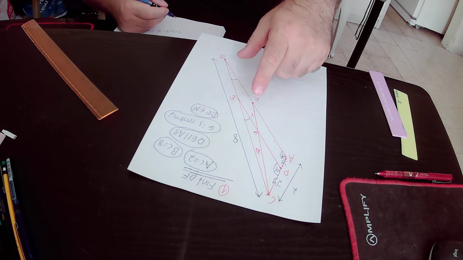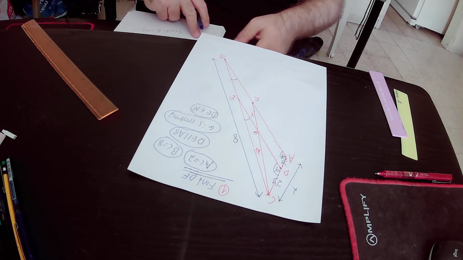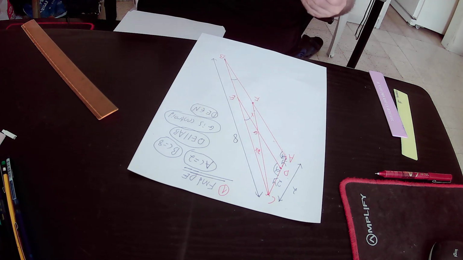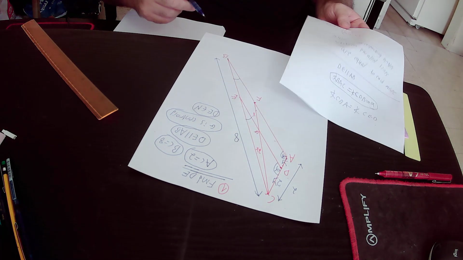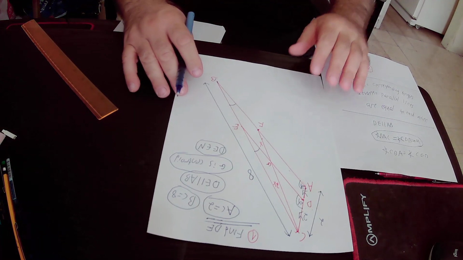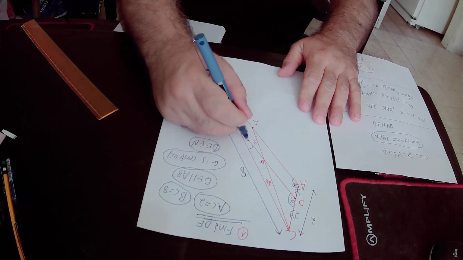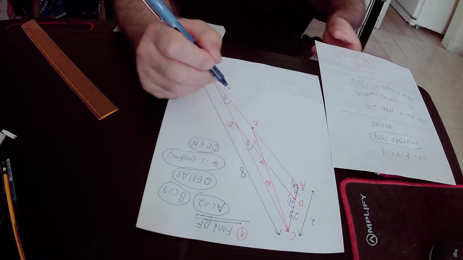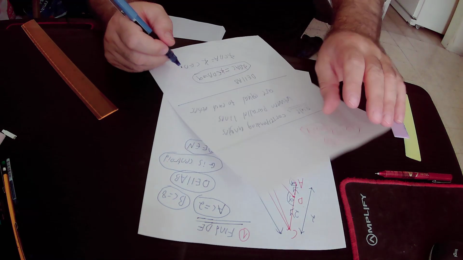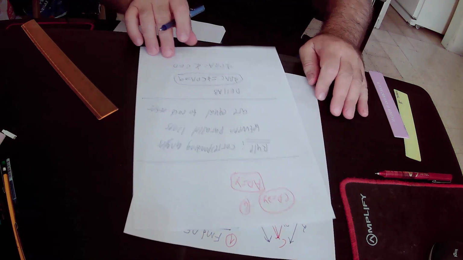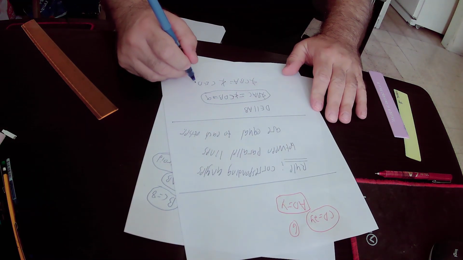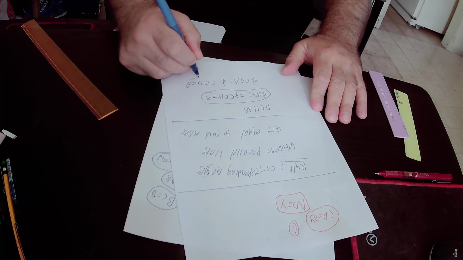And if one of the angles equals beta, then the other angle will also be equal to beta. Okay, so angle CBA equals angle CED equals beta.